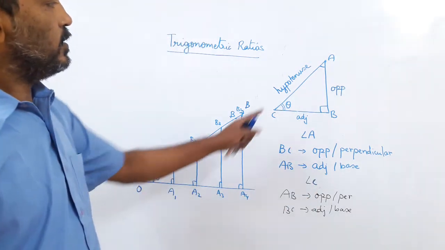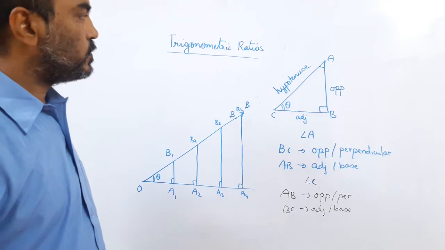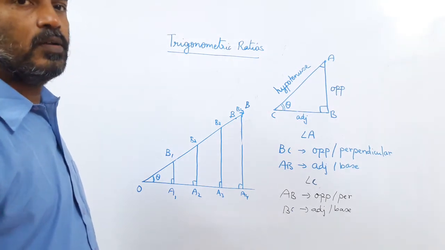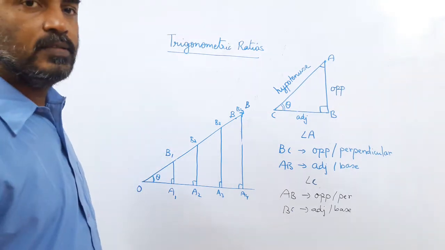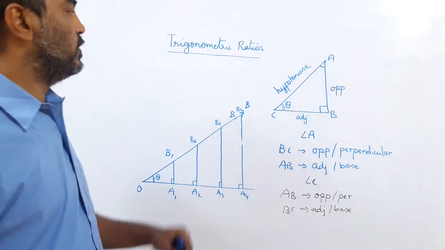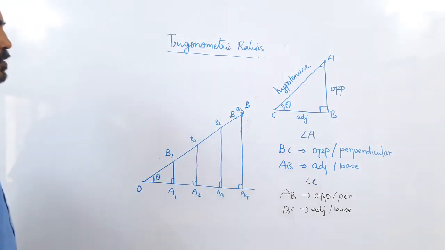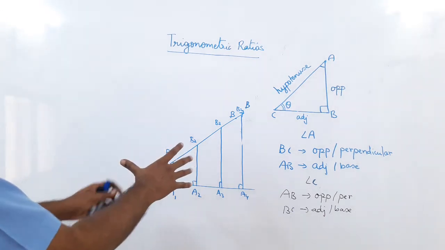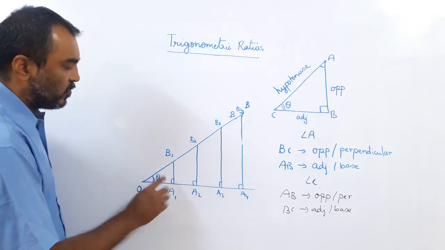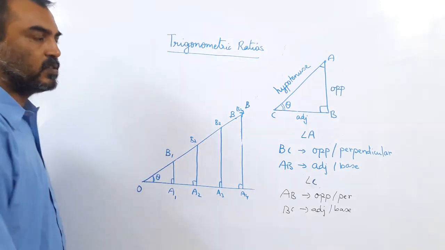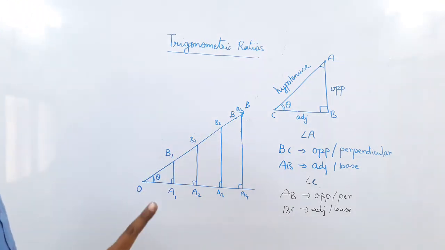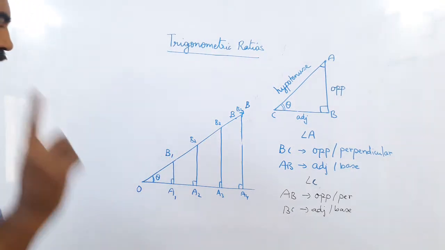So, a right angle triangle, how many sides has it got? 3 sides. Remember. So 3 sides make how many ratios? Okay. So now we have seen similarity. We saw how when the angle is fixed, the ratios of the sides remain fixed. Follow this carefully and understand this in detail.